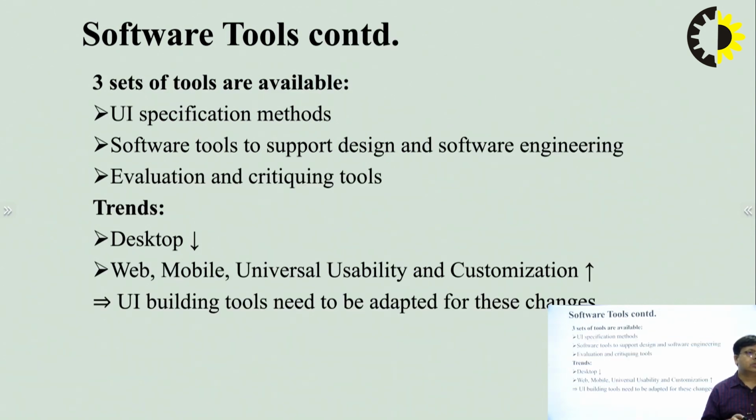So software tools, there are three sets of tools available. First one is UI specification methods, second is software tools to support design and software engineering, and third one is evaluation and critiquing tools.